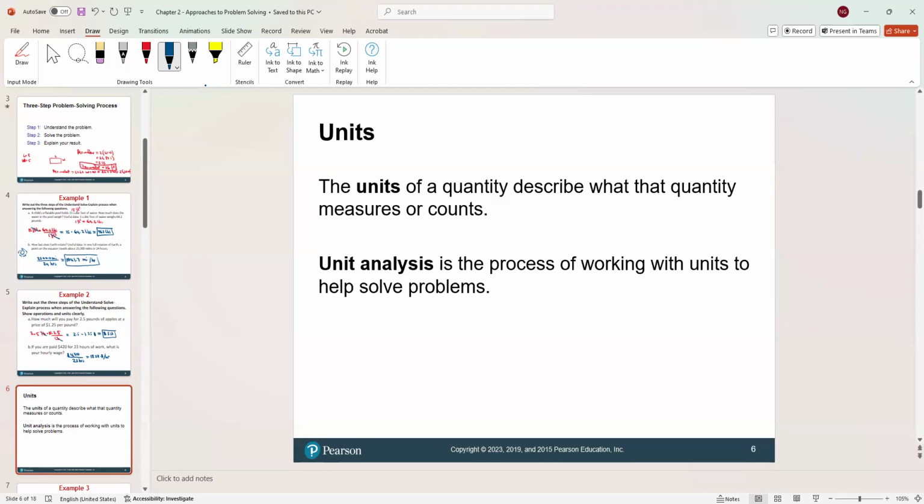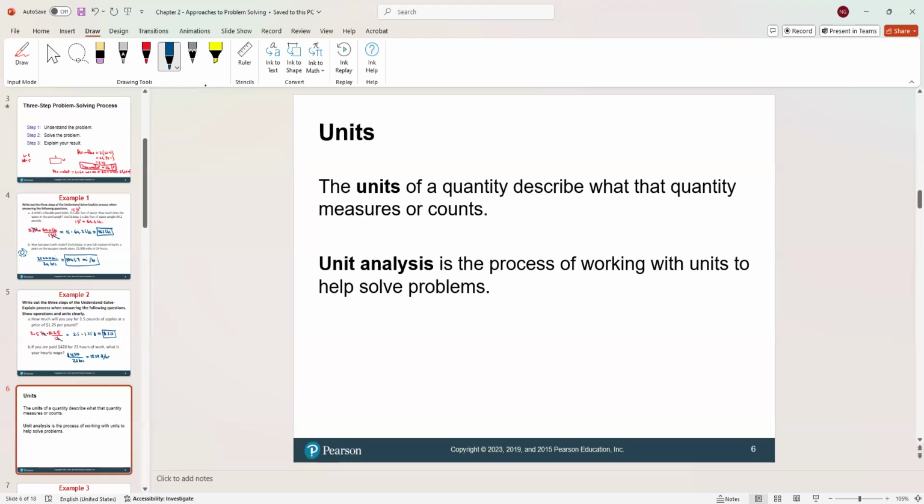Is it 5 minutes, 5 seconds, 5 hours, 5 days, 5 weeks, 5 years? Those are units. If I said 5 days, days is the unit. The units of a quantity describe what that quantity measures or counts.